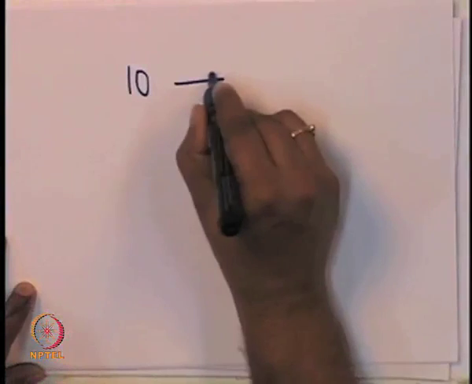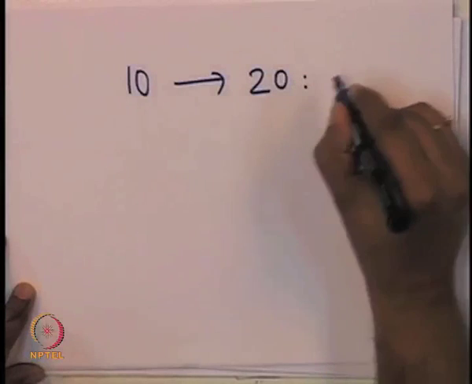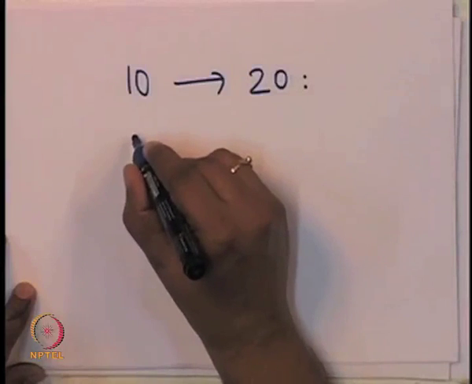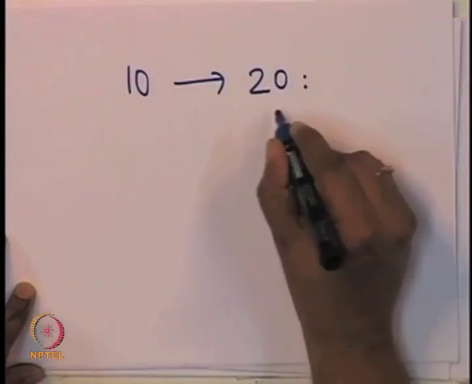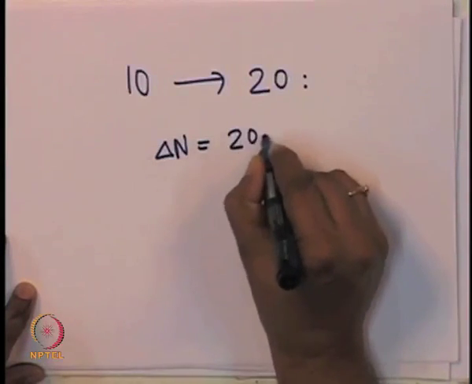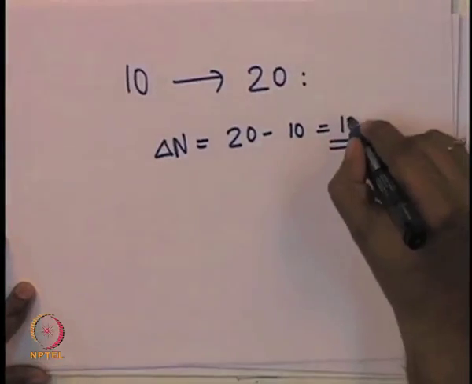If there are 10 bacteria, they divide and go to 20. Beginning with 10 and then becoming 20, the difference in number is 20 minus 10, which is 10. So, the change in number is 10.